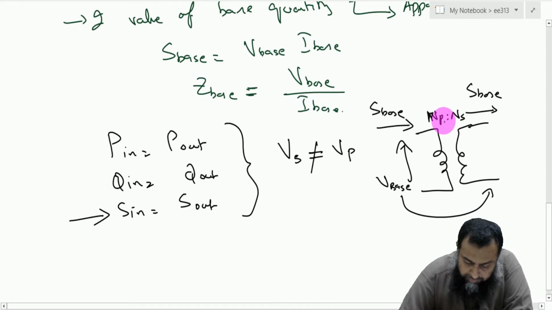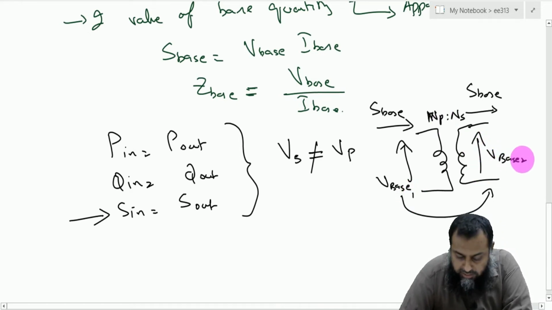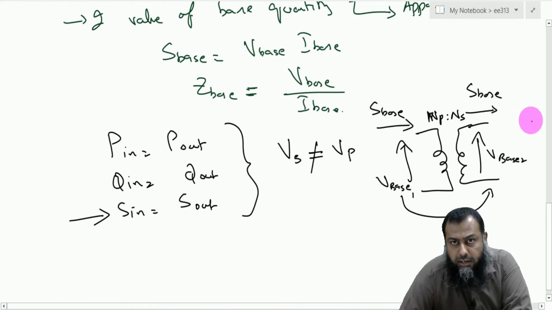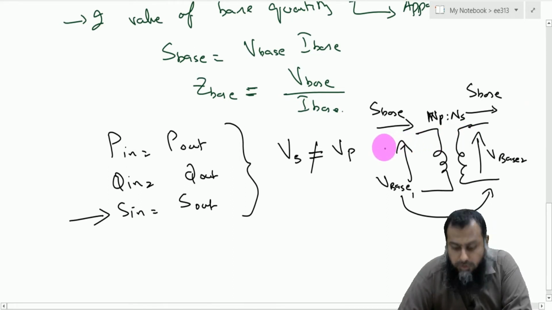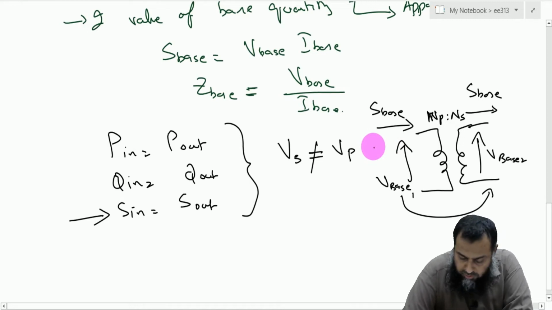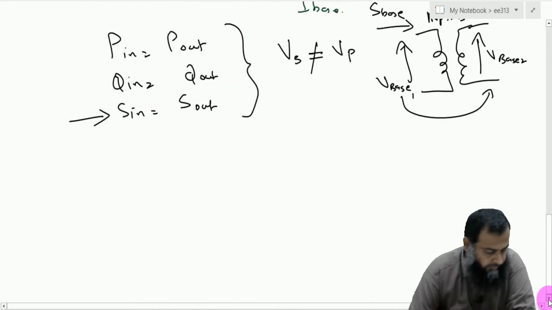So this V base 1 may be different from this V base 2, and hence the impedance of the secondary side of a transformer is not the same as the impedance on the primary side. So these are the two important things. Let us solve one example before we proceed further.